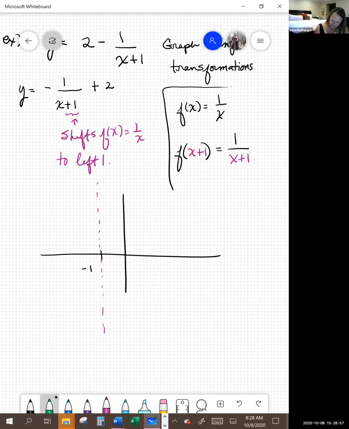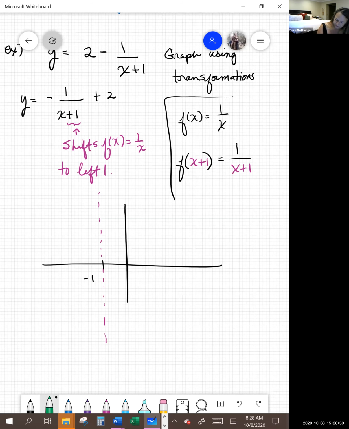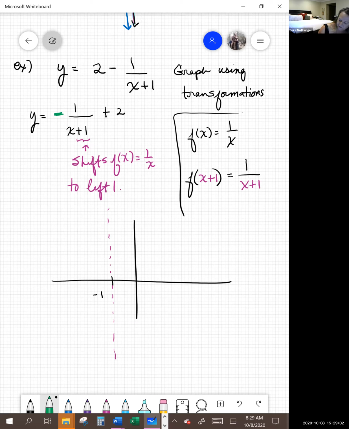And then we have this minus in front. So that would be putting a minus in front. So what does that do to our graph? You're changing your y value sign. Changing the sign of y is a reflection across the x-axis.